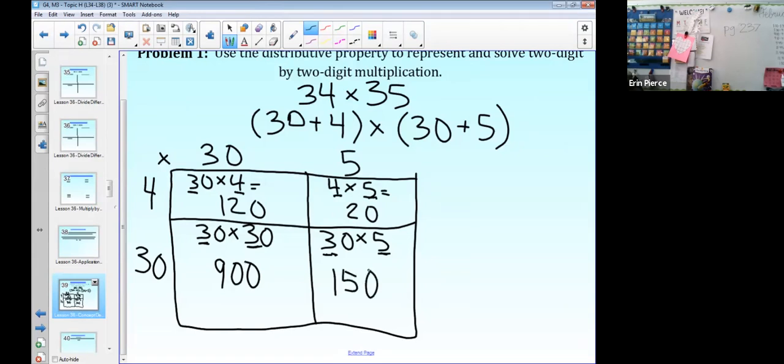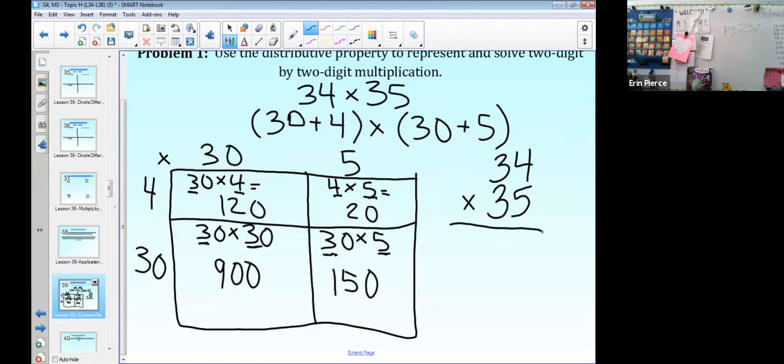Okay, so we are also going to use, on this first one, we're going to use partial products as well. So I need to write 34 times 35.